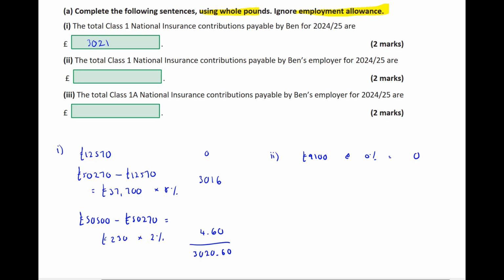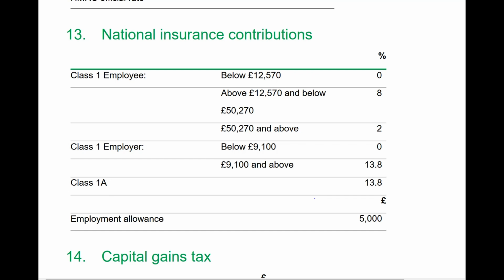So we've got 0 on the first part. We know that his earnings are 50,500. So anything from 9,100 up to 50,500 will then be at the, what did it say, 13.8%.